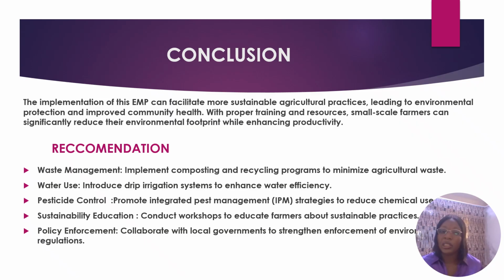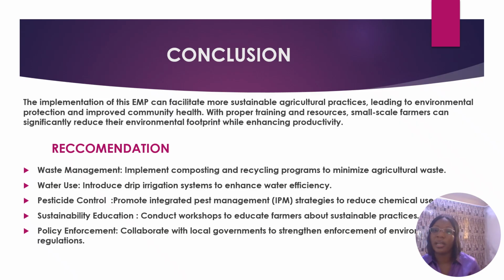And my recommendation for a small-scale farmer on the implementation of the EMP is waste management, water use, pesticide control, sustainability education, and policy enforcement. Waste management: we should implement composting and recycling programs to minimize agricultural waste.